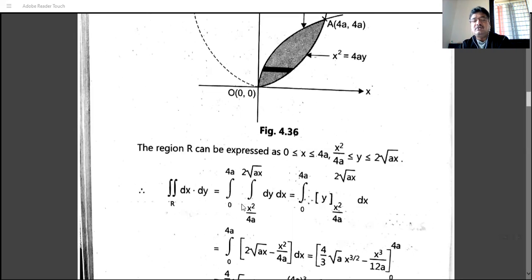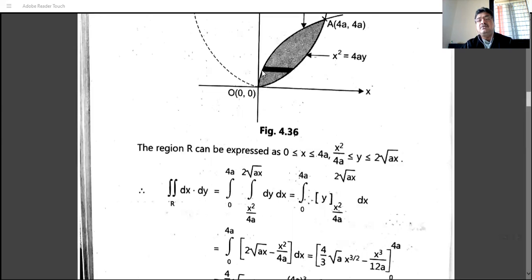Here the integration is with respect to y first, so write dy dx, and then write the limits of y first, and then the limits of x.